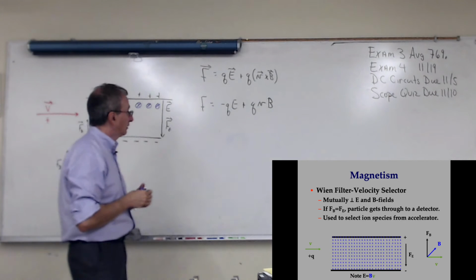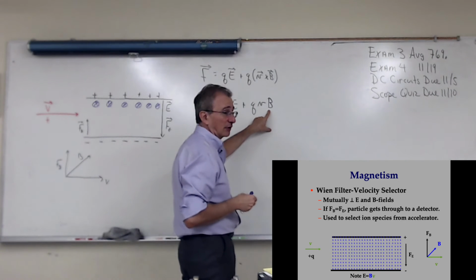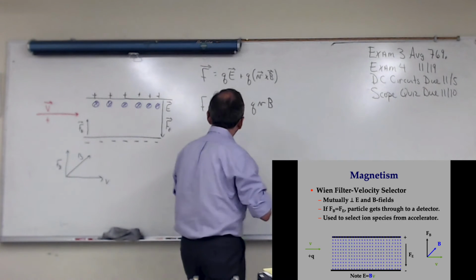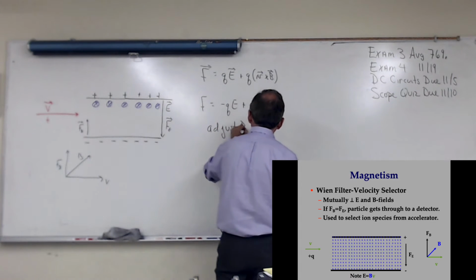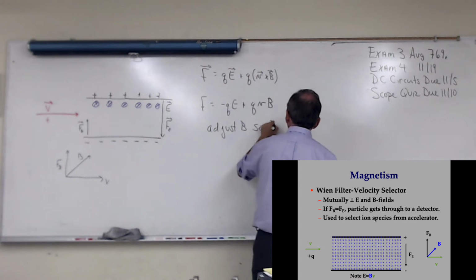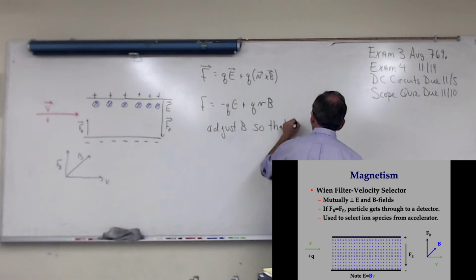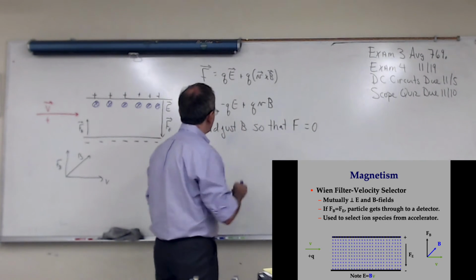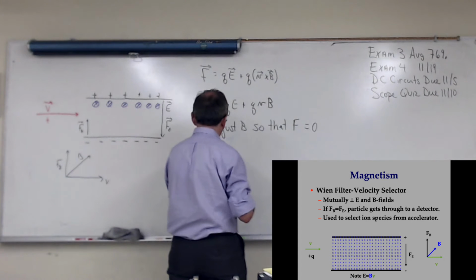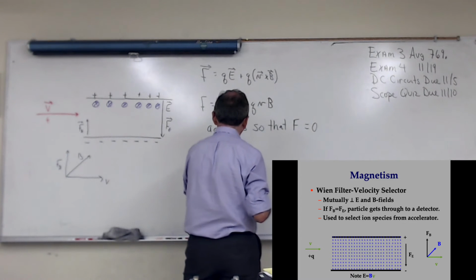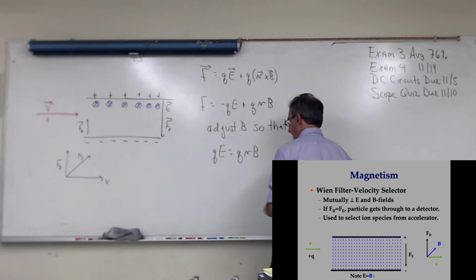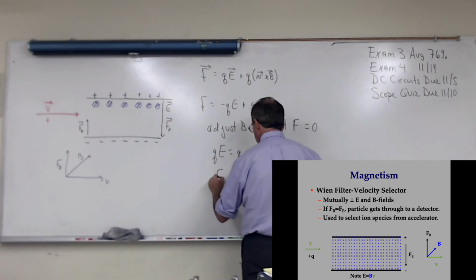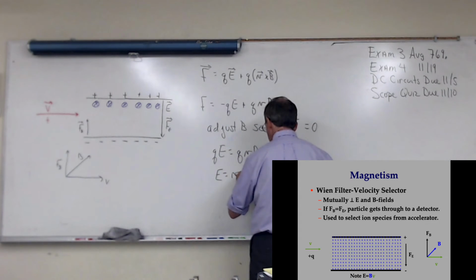In fact, I can adjust my value for the magnetic field so that the total force is 0. Which means I have to have this equal to that. And so E is equal to V times B.